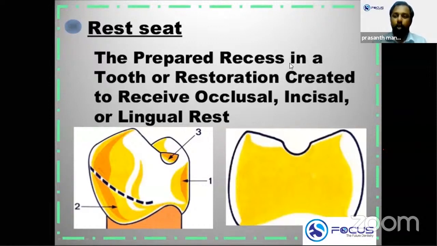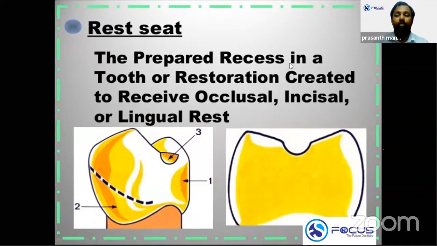It can be over the restoration or over the tooth to receive an occlusal, incisal or lingual rest. So from this statement itself, you can get an idea that there is an occlusal rest, an incisal rest, and a lingual rest. Clear? So there are three types of rest. Okay, so you have to prepare a rest seat.